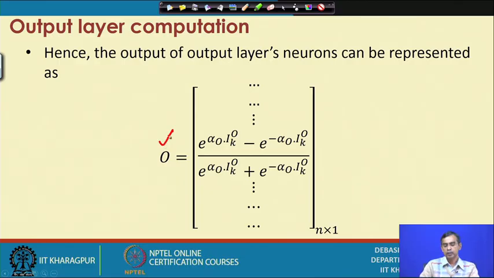Here O denotes all outputs obtained from the output layer. This is the entry for the output of the first neuron in the output layer, this is the second neuron, and this is the nth neuron in the output layer. These can also be represented by a matrix, and here alpha_O denotes the threshold values. For simplicity, we consider only one value of alpha. Alpha_I is the threshold value in the input layer for all perceptrons, alpha_H denotes the threshold values of all perceptrons in the hidden layer, and alpha_O denotes the threshold values of all perceptrons in the output layer.